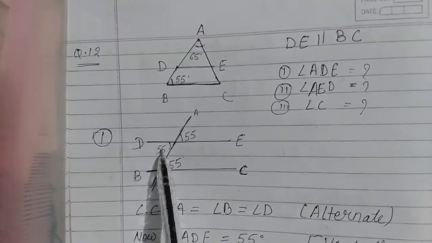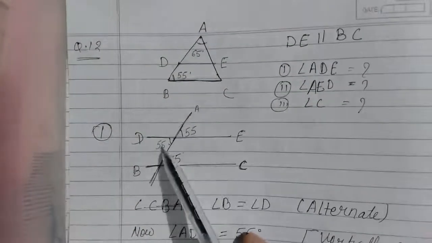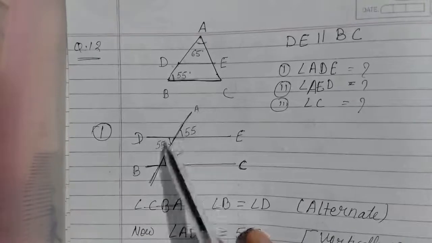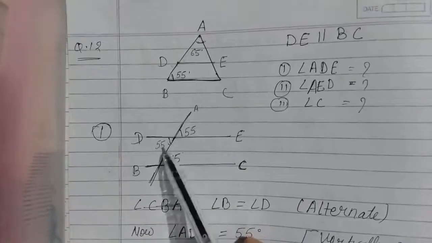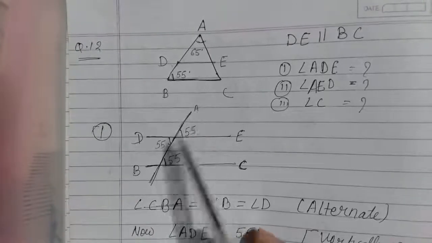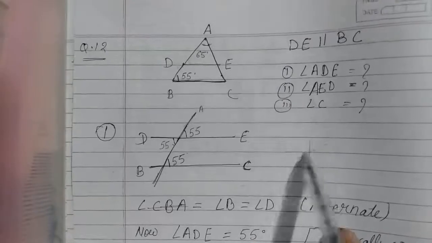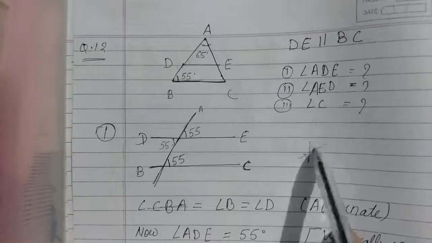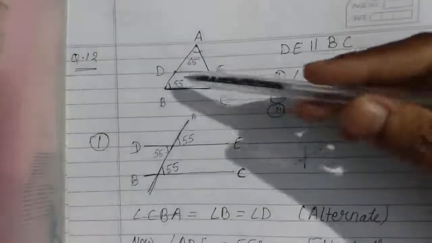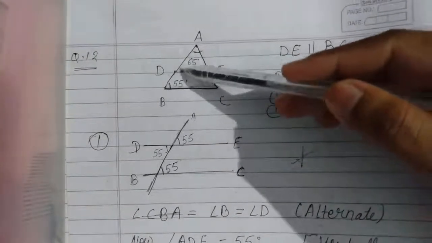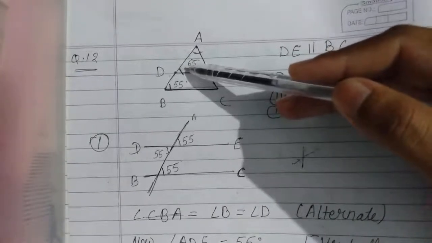Now if this is 55, then this also will become 55. Why? Because this and this angle are vertically opposite angles. Two lines are intersecting each other and these will become equal. So this is 55 degrees. That means we have found the value of this angle.